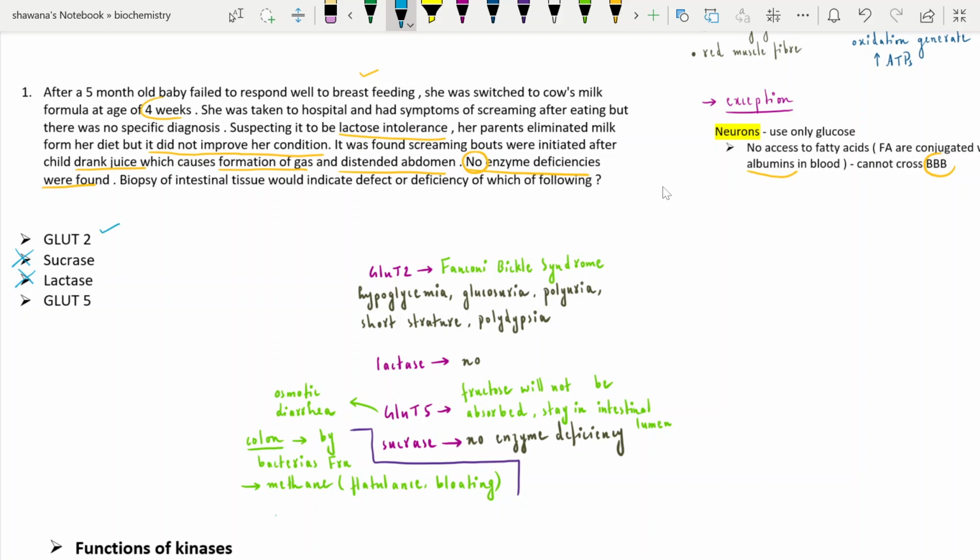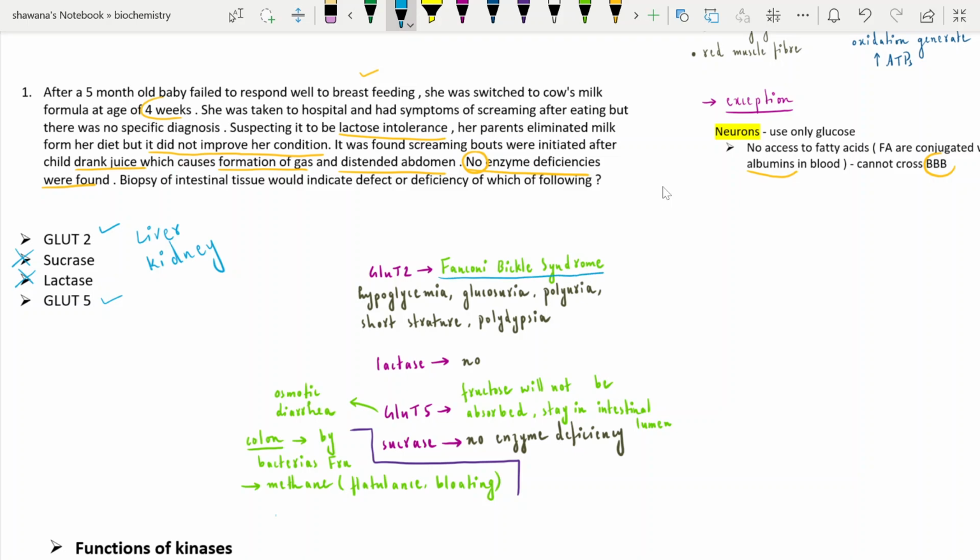The GLUT2 transporter and GLUT5 transporter are left. GLUT2 is required for two-way transport, and as I have mentioned, it is present in the liver and in the kidneys. One of the hereditary conditions is the syndrome known as Fanconi-Bickel syndrome.